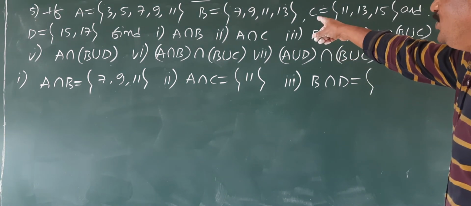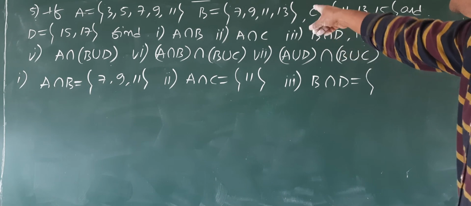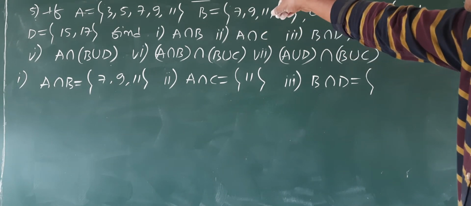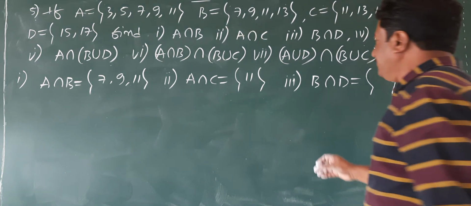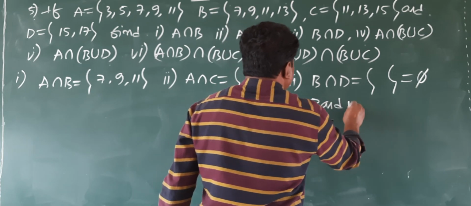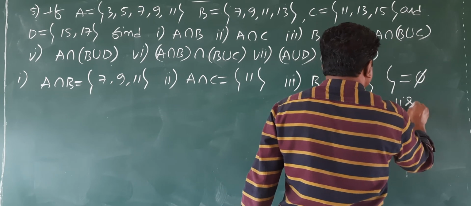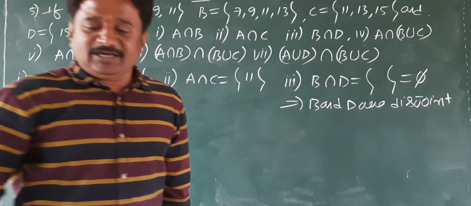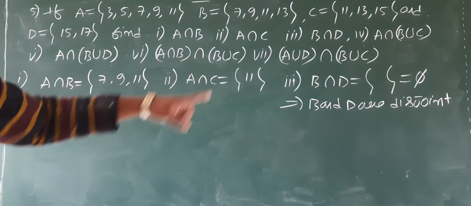So we don't have common elements from both B and D. B intersection D: no common elements. It is an empty set. So that implies B and D are disjoint sets. What are they called? They are called disjoint sets.